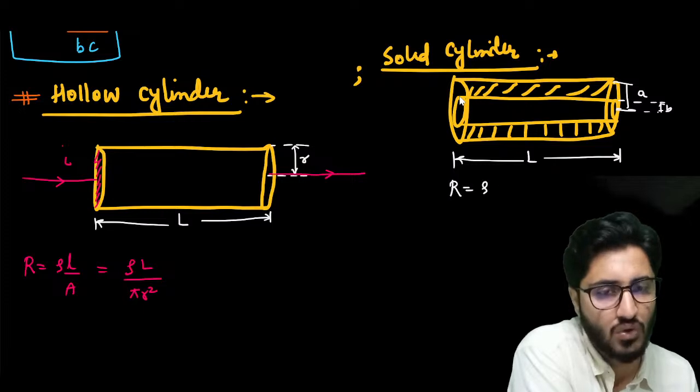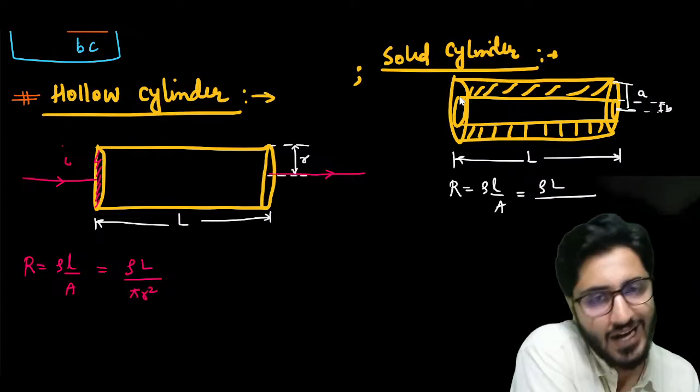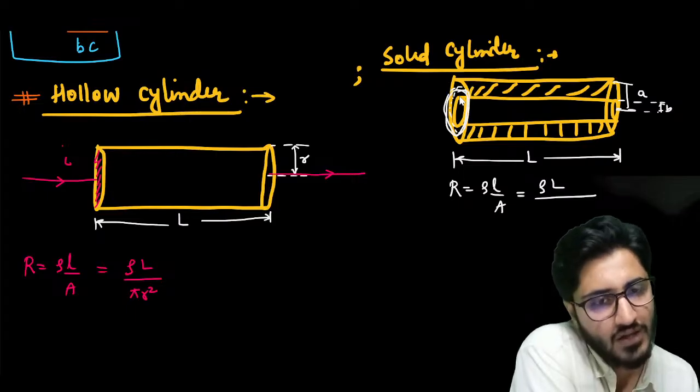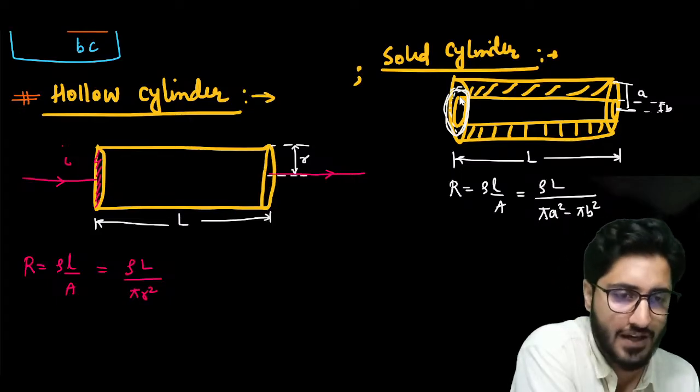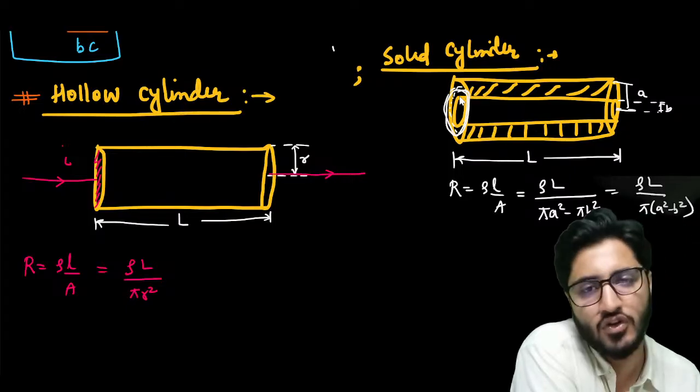Sir, R is rho L by A. Rho is rho, L is L. The area needs to be only this particular area, not this one. So it is pi A square minus pi B square. So R is rho L divided by pi times A square minus B square. Okay, this is also a JEE PYQ.